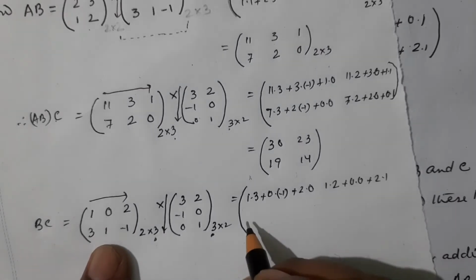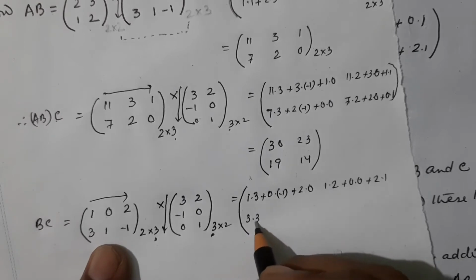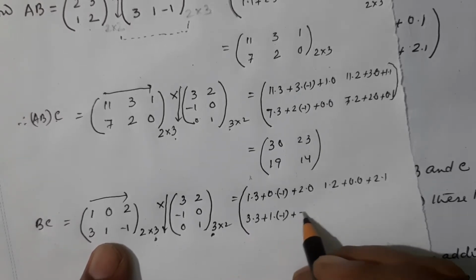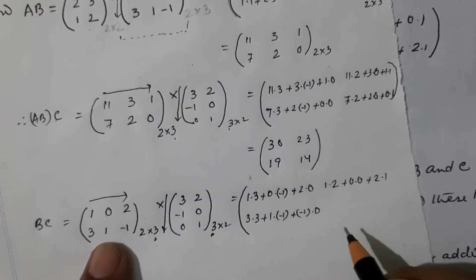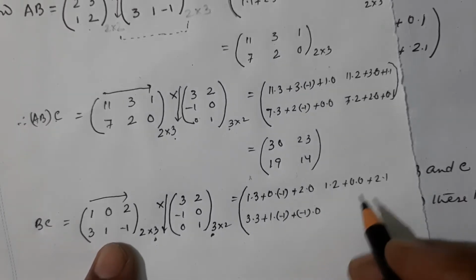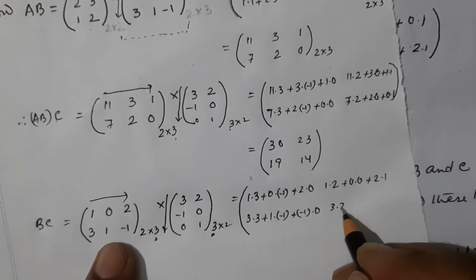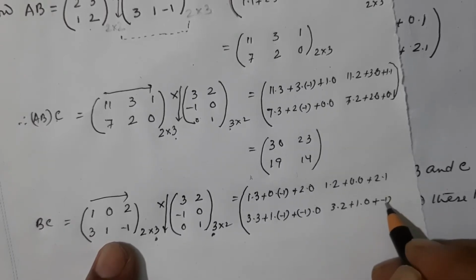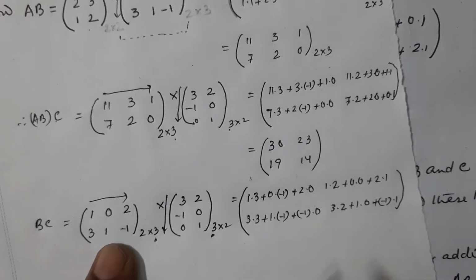Second row first column: 3 into 3 plus 1 into minus 1 plus minus 1 into 0. Second row second column: 3 into 2 plus 1 into 0 plus minus 1 into 1.